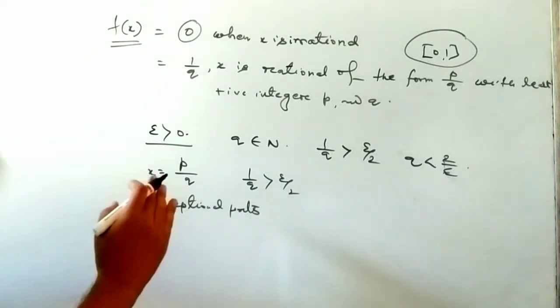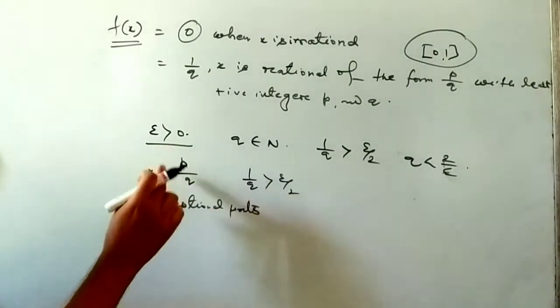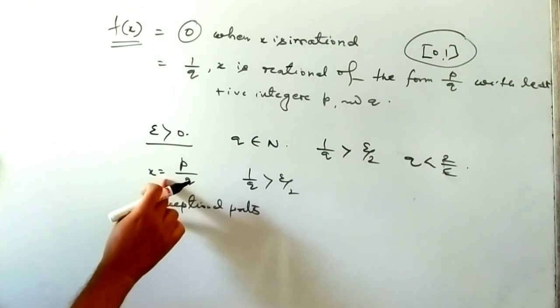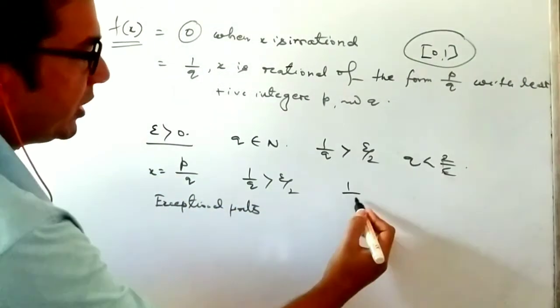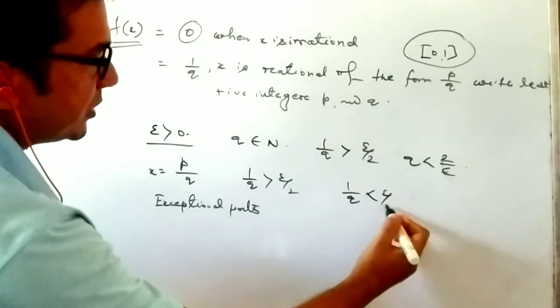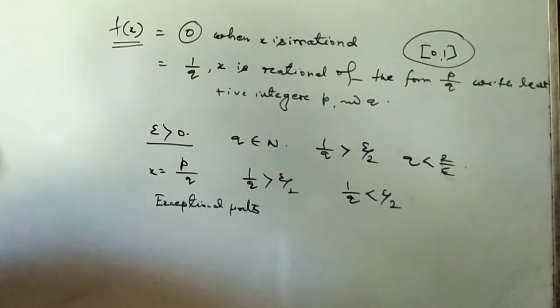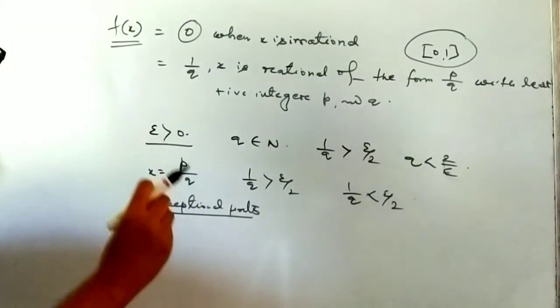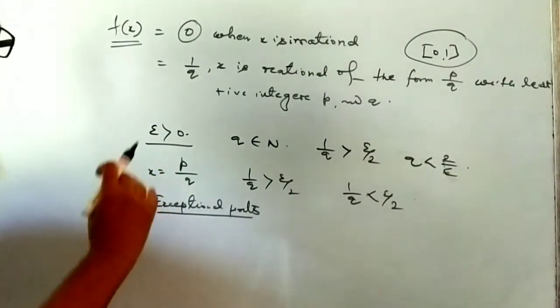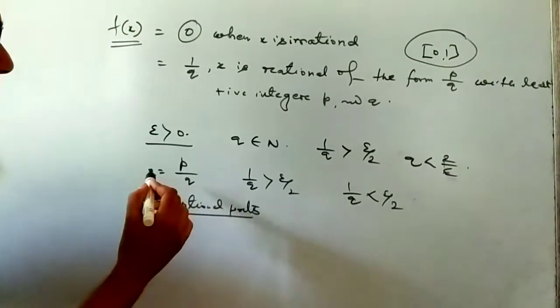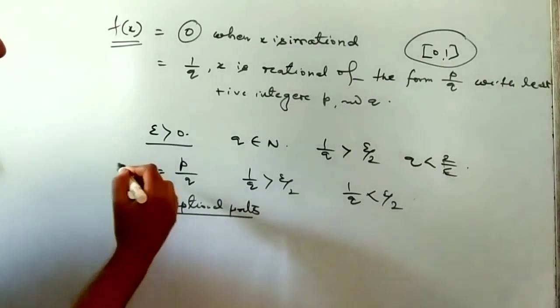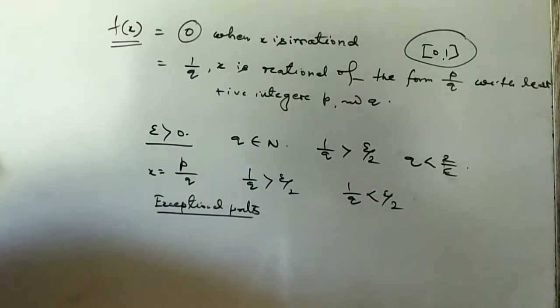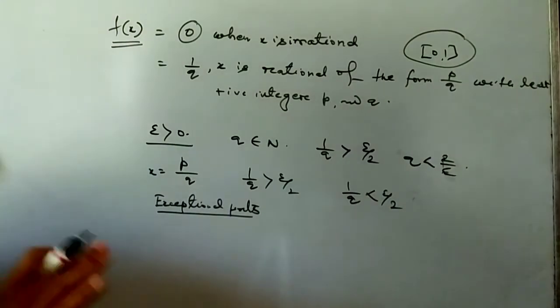And all the other points of the form p by q have 1 by q less than epsilon by 2. But exceptional points are finite in number, and all the other rational points of the form x equal to p by q, in which 1 by q is less than epsilon by 2, are infinite in number.